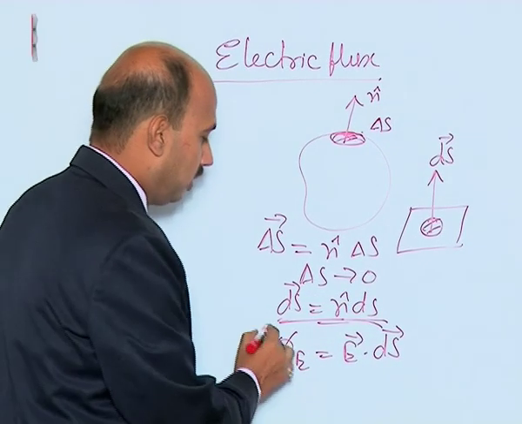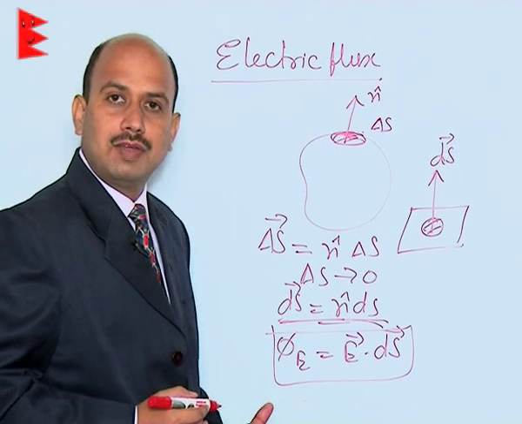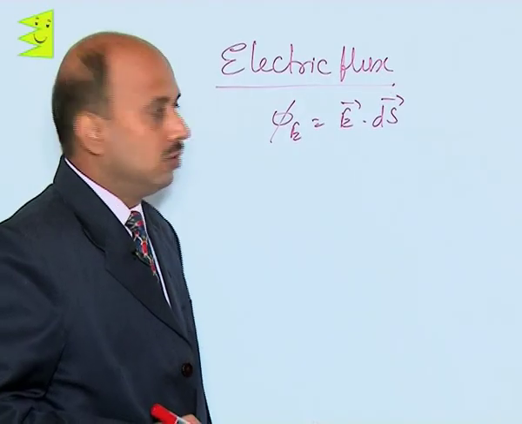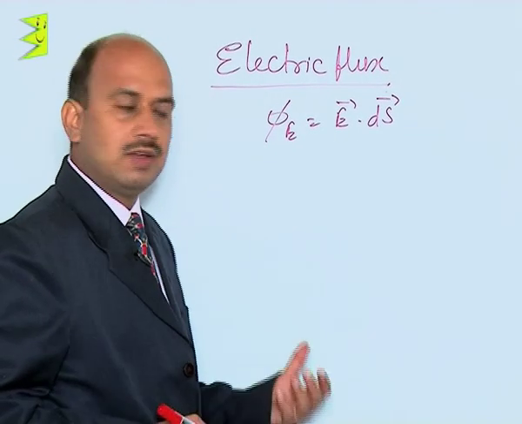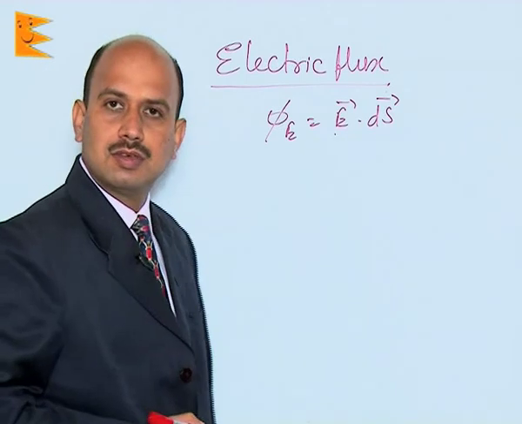This is your electric flux, which is equal to the number of electric field lines passing through this area. So electric flux through any surface is defined by vector E dot vector dS.